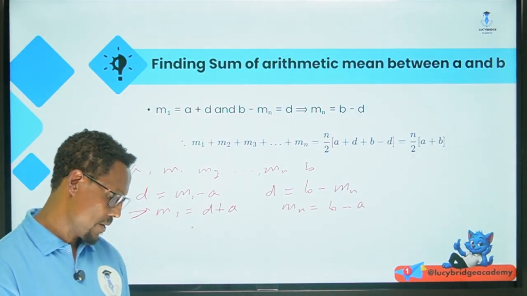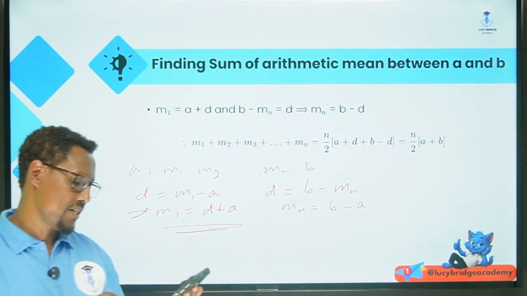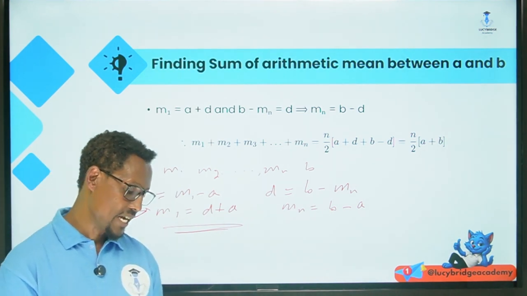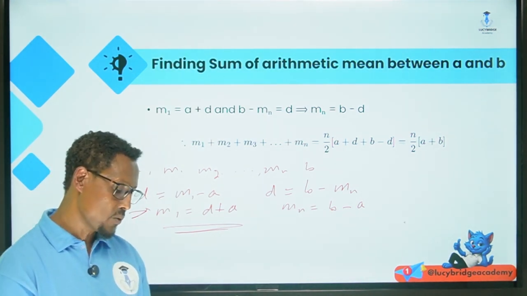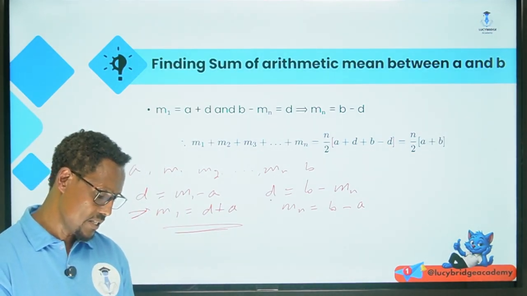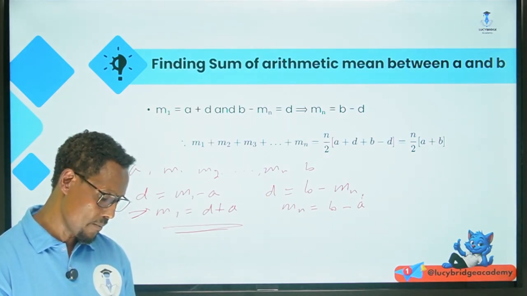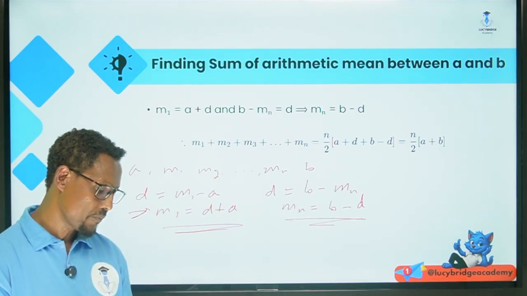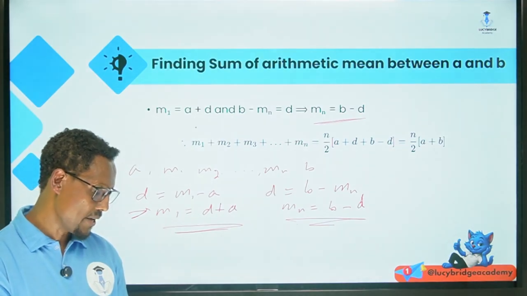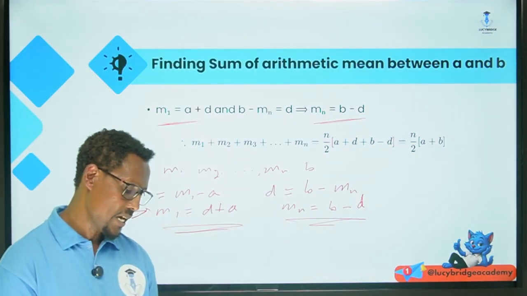Okay, so we can write m1 using the first term and the common difference, and the last term using the point b and the common difference. Okay, yes, this is d. mn is equal to b minus d, not a. Okay, b minus d. That's it. mn means b minus d, and m1 is equal to a plus d or d plus a.